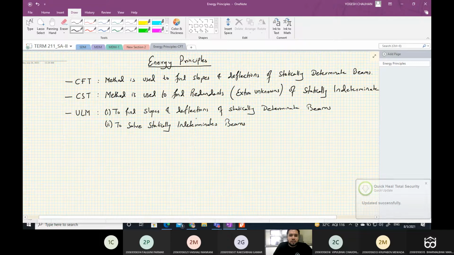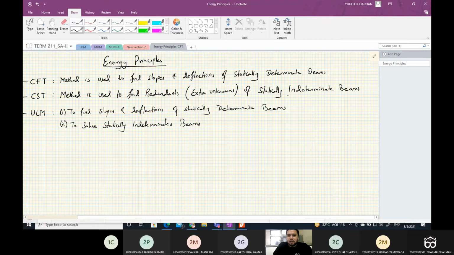Means it can be used to find the redundants. Now finding the redundants, that means you are actually solving the indeterminate beams.